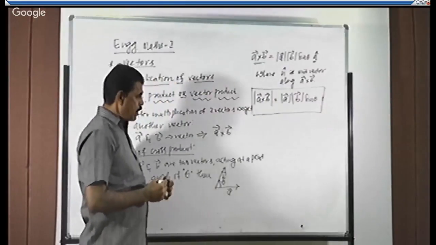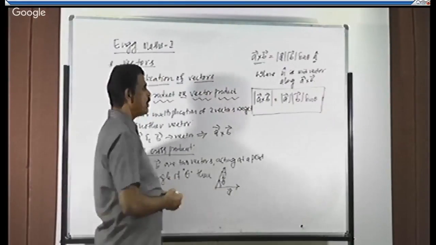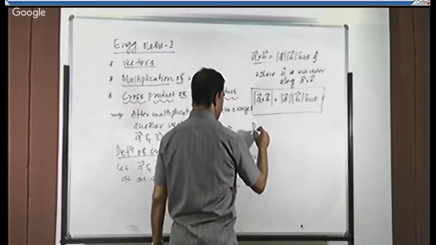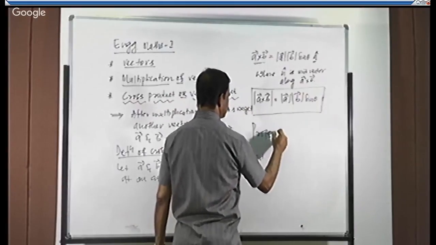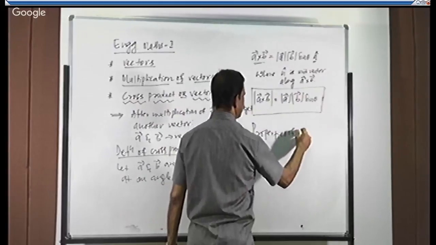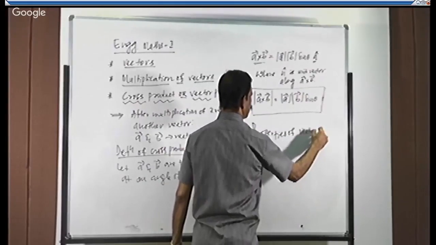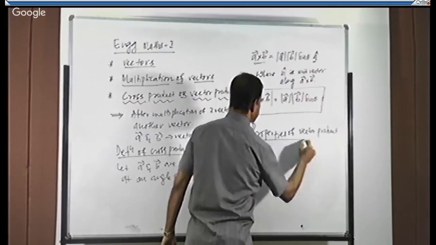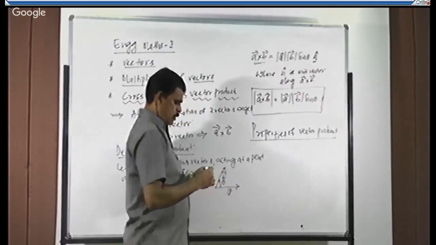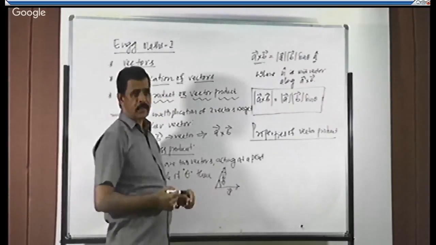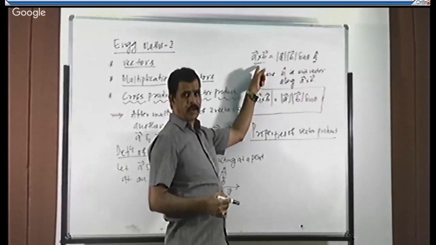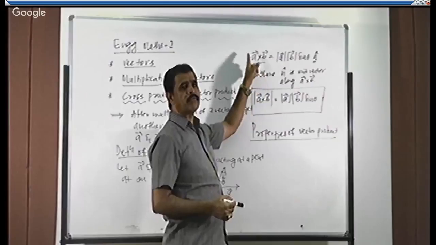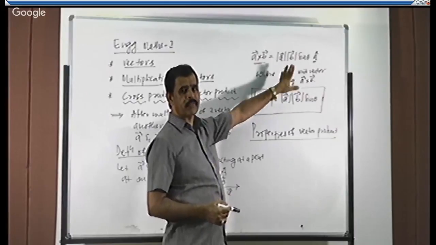We have some properties for this: properties of the vector product. The cross product of two vectors is always a vector.